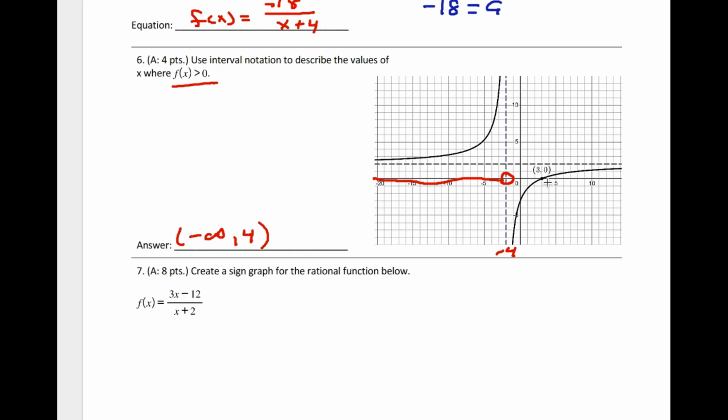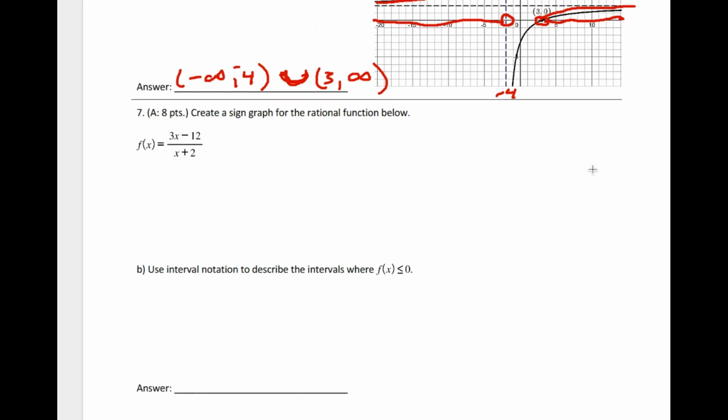And then we see it crosses the x-axis right here at 3. So from there to infinity, it's positive also. So we got from negative infinity to negative 4, union, so it's a union symbol, 3 to infinity. Okay, this piece right here, and this piece right there.